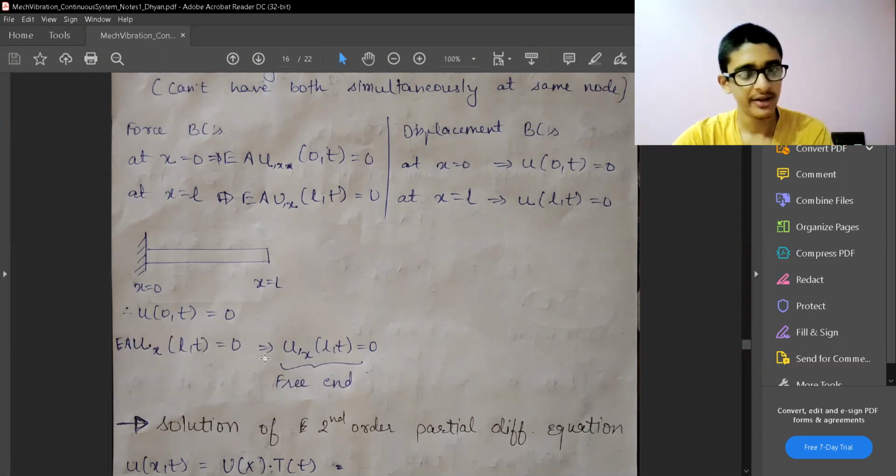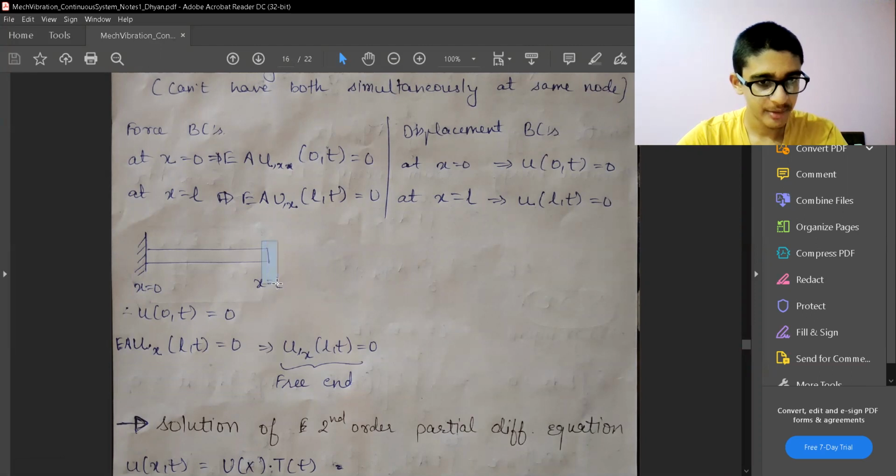So internally it can have some reaction force, and then it can vibrate, and it is free to vibrate. I cannot say anything about the displacement at x equal to L, but I can definitely say since it is a free end, my force is equal to 0. This is the expression in which the force is 0. Since Young's modulus and area cannot be 0, the strain del u by del x is 0.